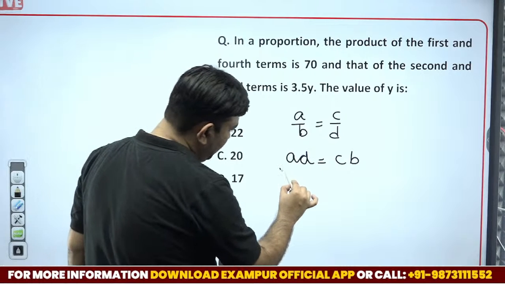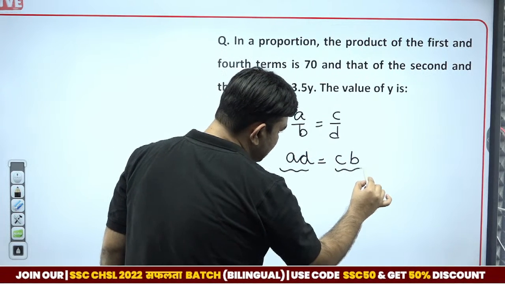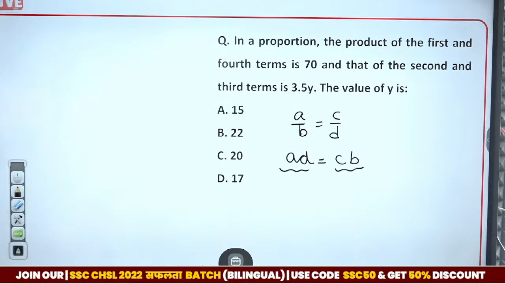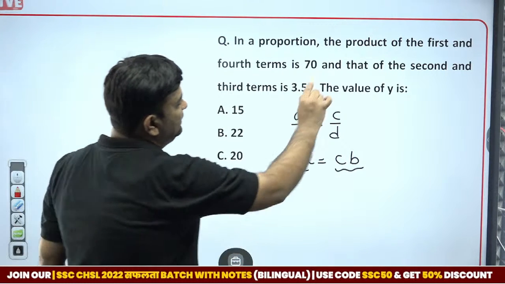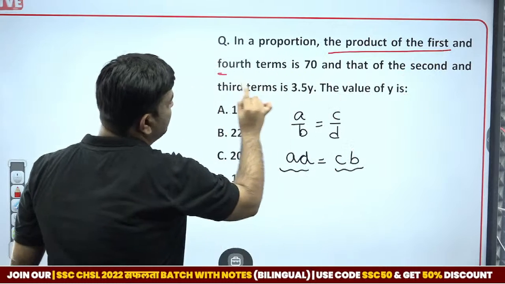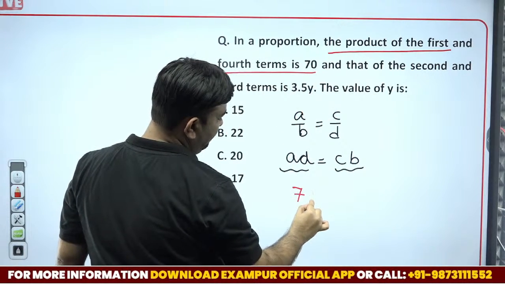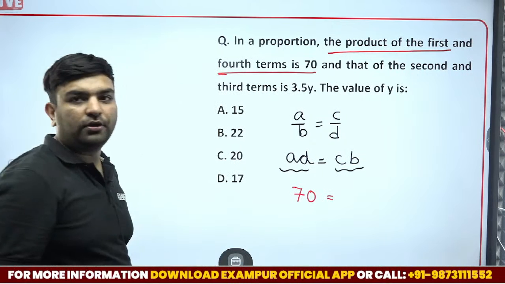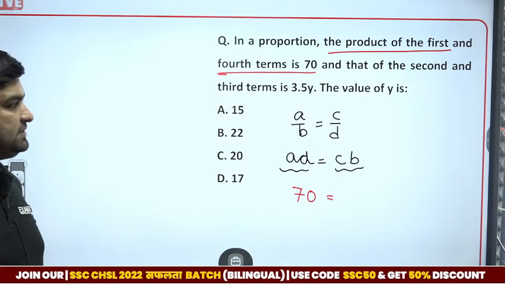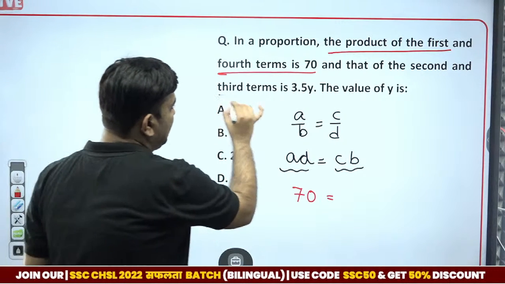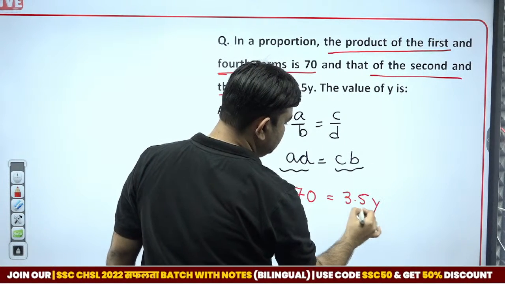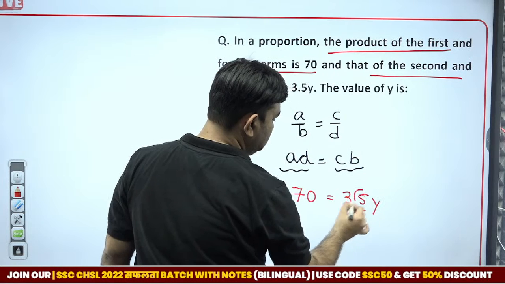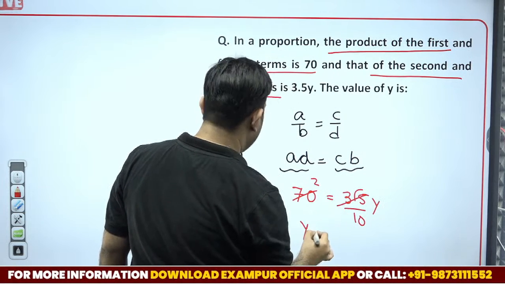AD is the product of first and fourth, and CB is the product of second and third. The product of first and fourth is given as 70, and second and third is given as 3.5y. So y is 20.